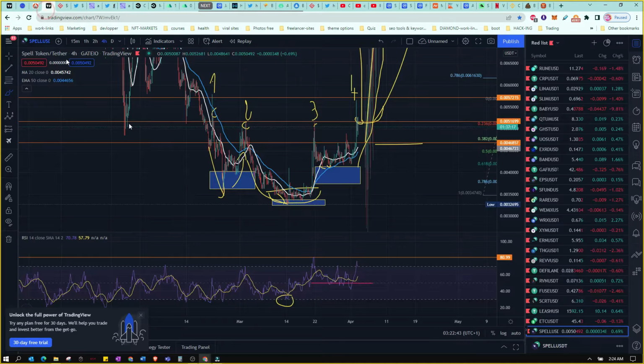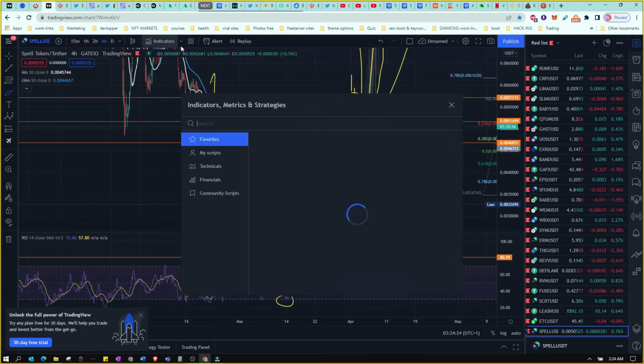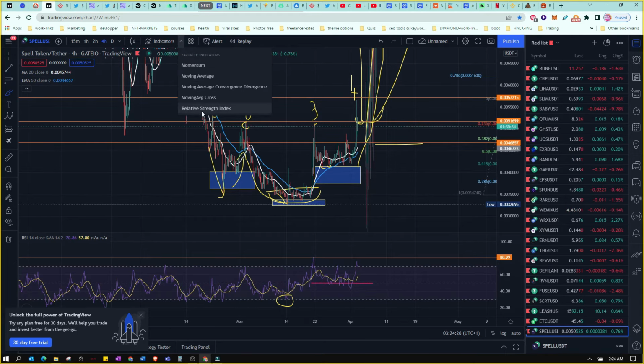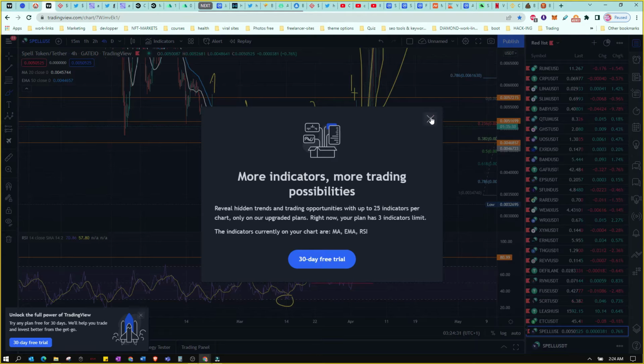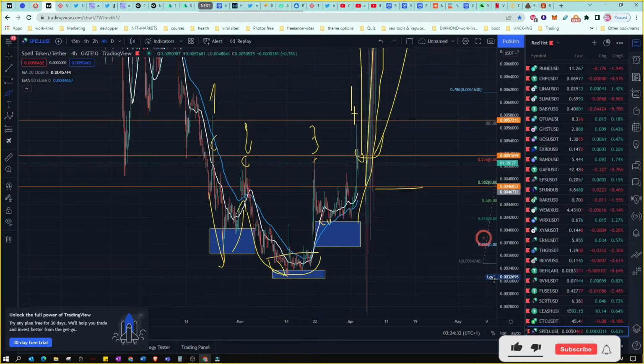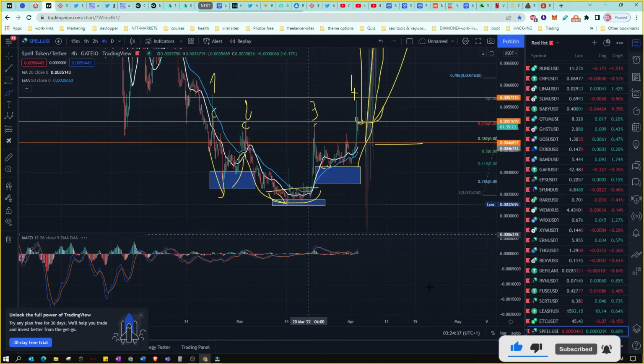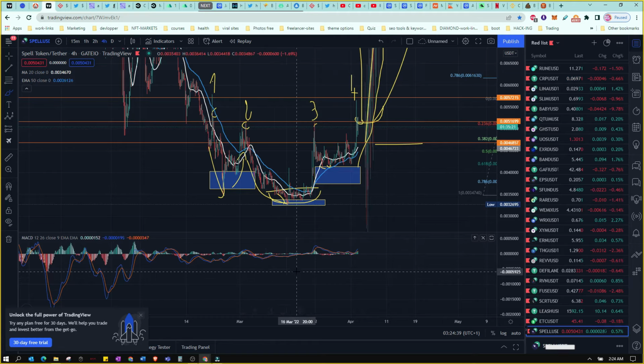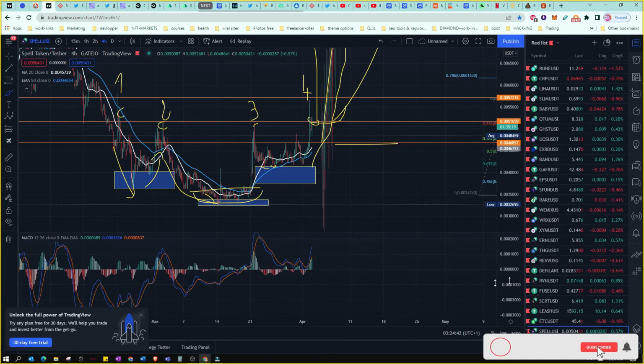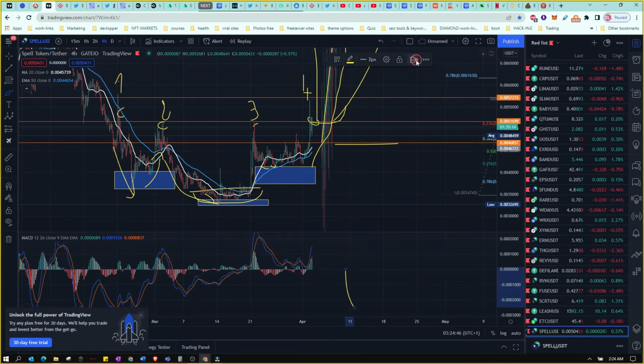If we want to go back to the price chart on TradingView, this time we're going to base it on the MACD indicator, moving average convergence divergence. So that's right, the money is still flowing, and this is also an indicator that money is really flowing into this project.